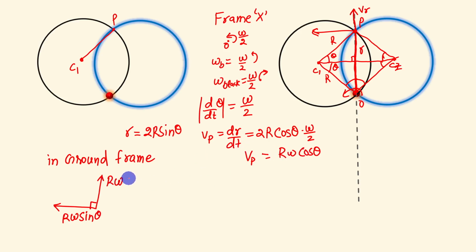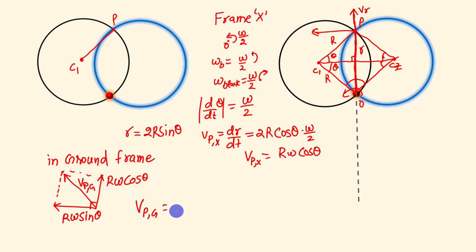And the radial velocity component was equal to R omega cos theta. So of course the resultant of these two vectors is going to be the net velocity of this point P in ground frame, right? So velocity of point P in ground frame is going to be equal to the magnitude of this resultant.